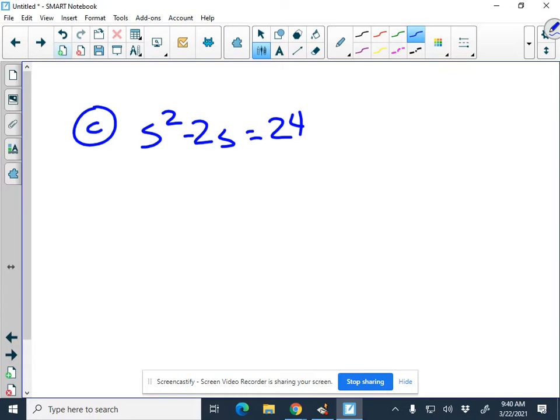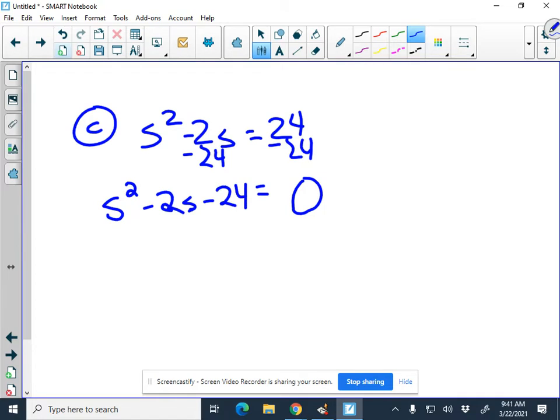What should we get rid of? Move the negative 2s? No. Let's move the 24. It's the only thing over here. If we move the 24, that side becomes 0. So we'll subtract 24 over here. So we get s squared minus 2s minus 24.